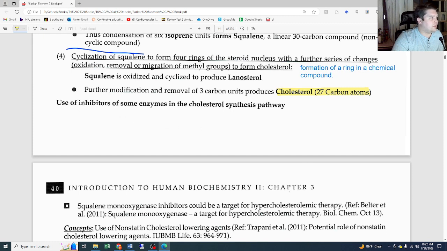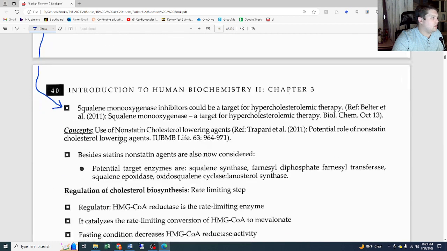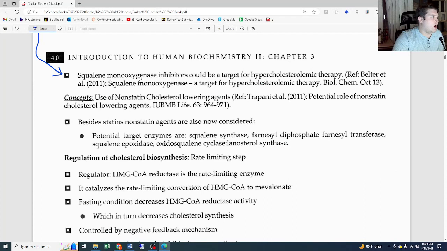We're going to see the use of inhibitors of some enzymes in the cholesterol synthesis pathway in this next bullet point. Squalene monooxygenase inhibitors could be a target for hypercholesterolemic therapy.